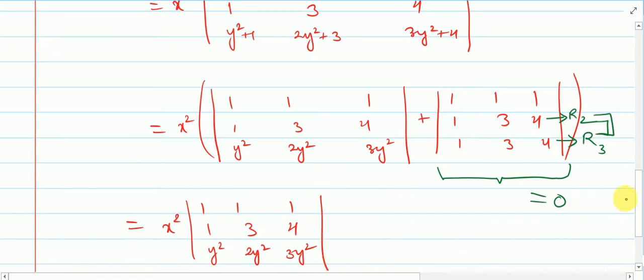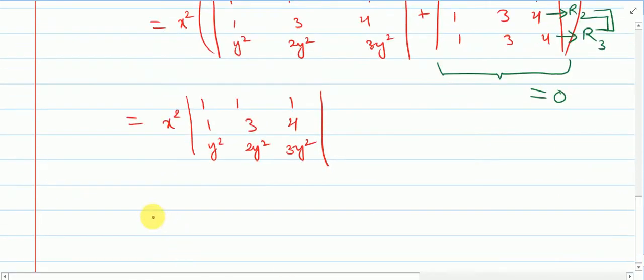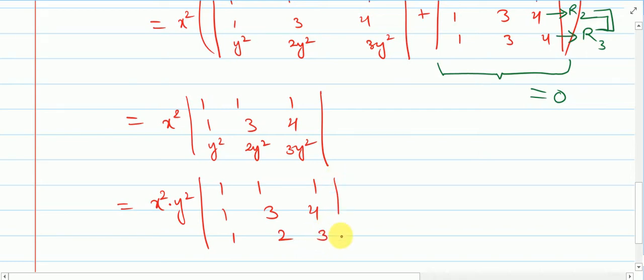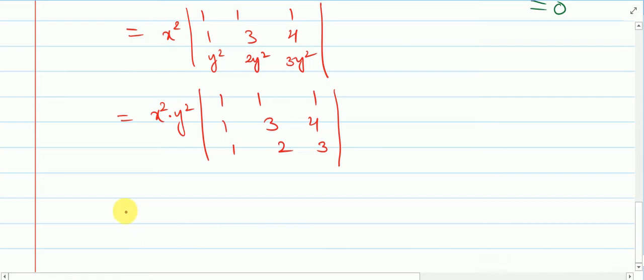Okay, now from the third row I will get y square common. So x square into y square, 1, 1, 1, 1, 3, 4, 1, 2, 3. Okay, so here you see that in the first row all the elements are 1, so two of them can be made 0.